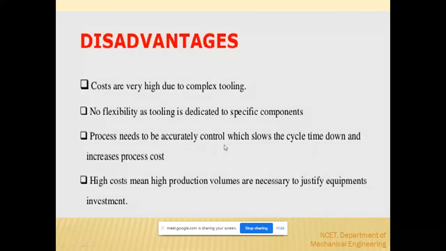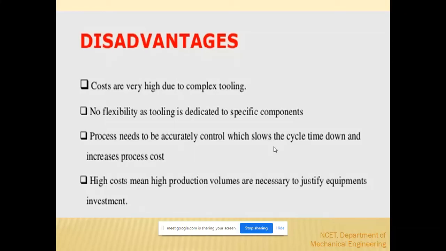The process needs to be accurately controlled. As told, if the feeding of reinforcement is not done in a uniform way, what happens? The mixture of reinforcement in the molten metal does not take place uniformly. Then at one part the strength is going to be high, and at another part it's going to be less.